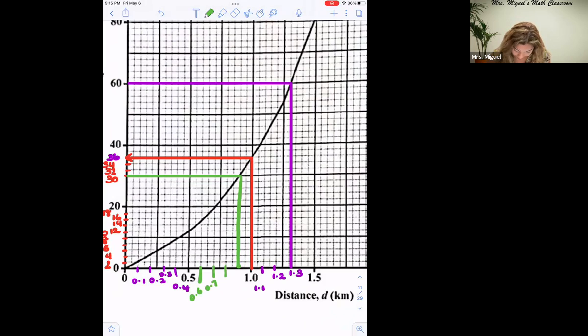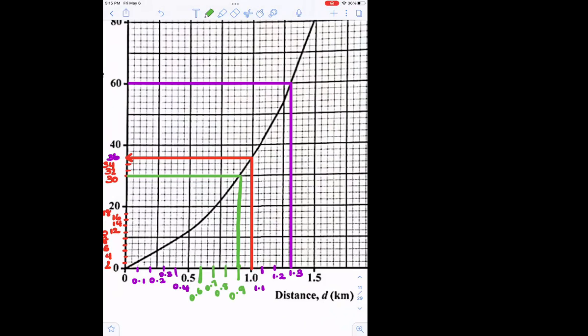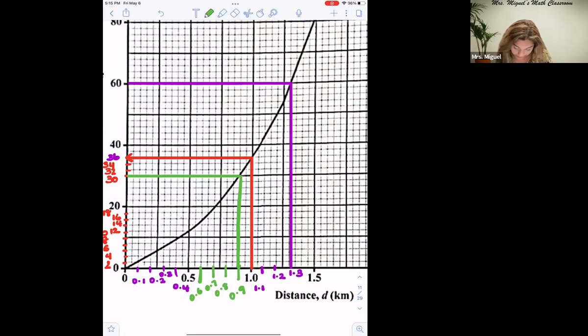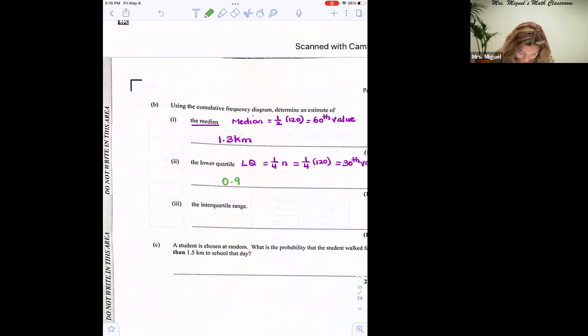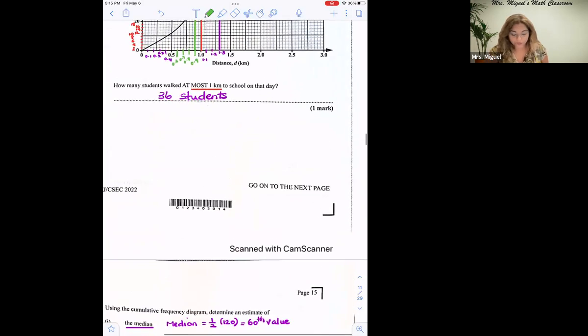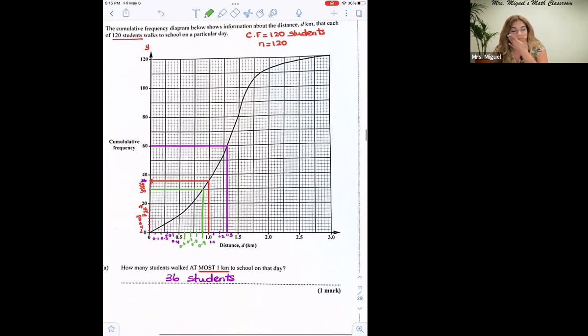This is 0.8. So this value here is 0.9. Did you all get that? Yes, Miss. All right, so let's do that. Here is 0.9 kilometers.